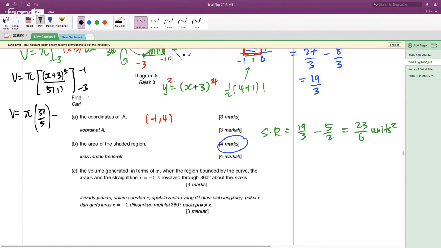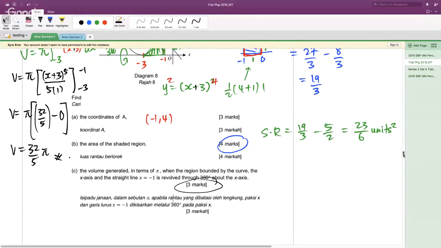Minus, for -3, 3 minus 3 is 0, so it's just minus 0. Therefore my volume equals 33 over 5 pi. That's all, it's quite easy. I guess it's only 3 marks. You just need to know how to do the integration, then the whole thing is quite simple.